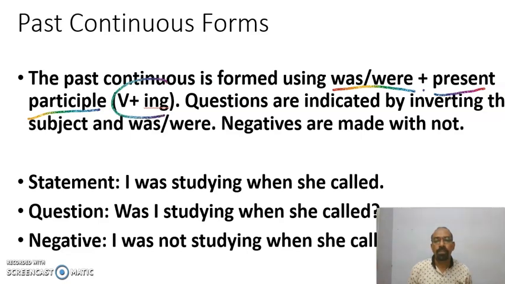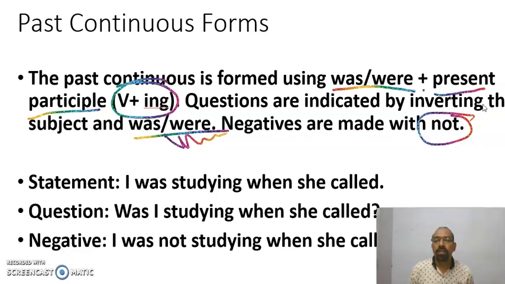Present participle means verb plus ing. Questions are indicated by inverting the subject and the auxiliary verb was or were. Negatives are made by adding not to the auxiliary was or were.